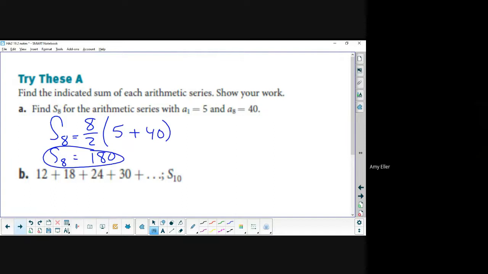They start off a little more basic. S sub 8. We don't actually want to write out 8 terms and add them up. We want to do the formula, which allows us to do it much quicker no matter how many we have. 8 over 2, first term plus last term, or first term plus 8th term.